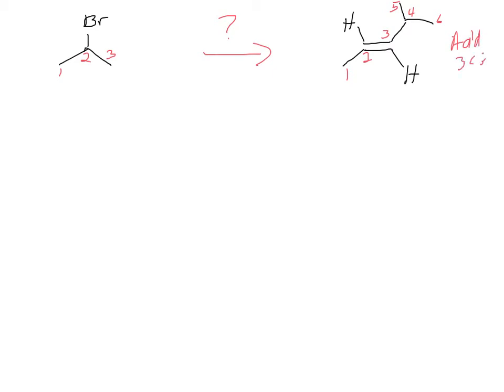You should think about how many ways you know how to add carbons. Well, you know Grignards, but you also know, remember the alkyne way, the terminal alkynes? So I would be thinking maybe something like this at some point, a terminal alkyne. You probably also notice this is a trans alkene.